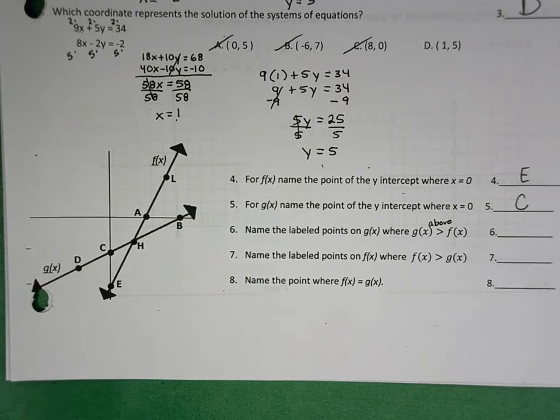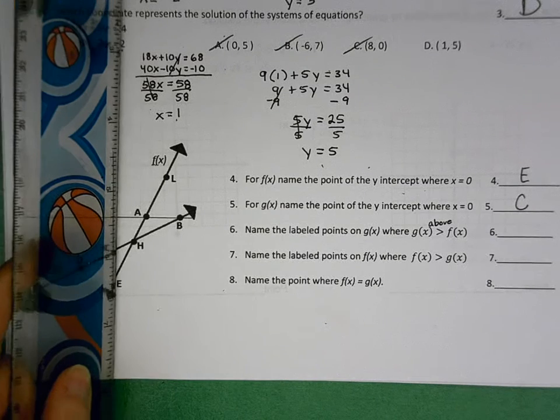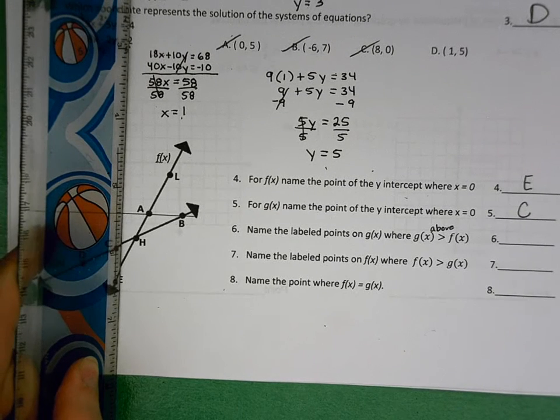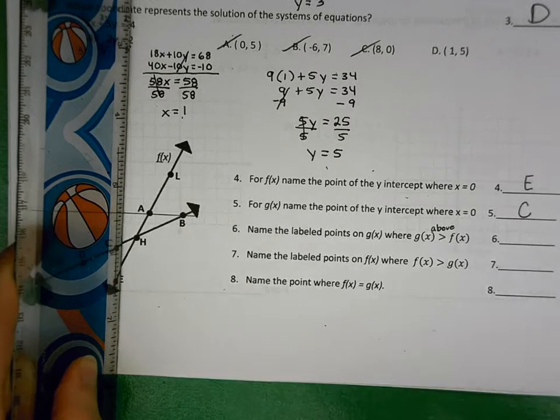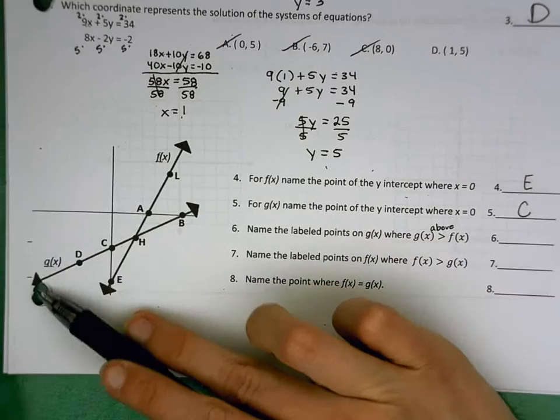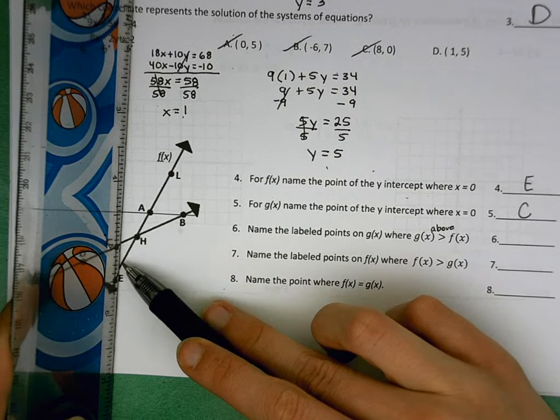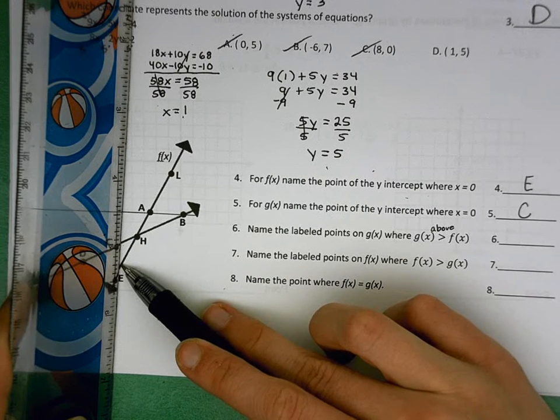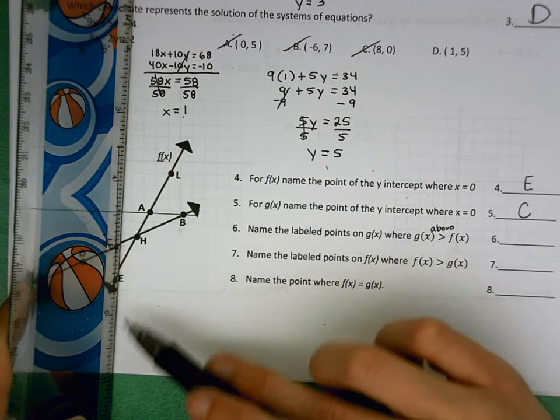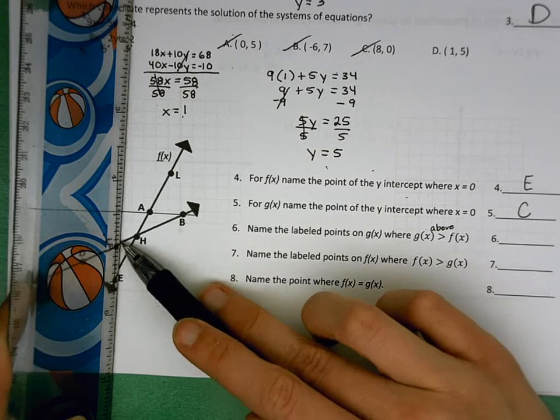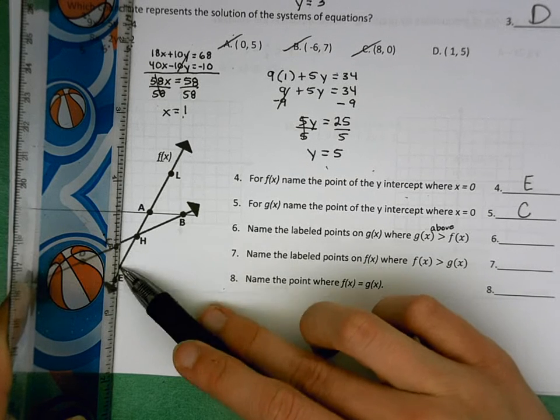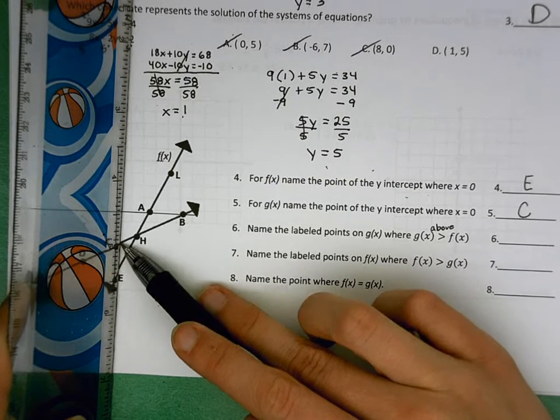Okay. If I put a line at some point on here, for example, here, I notice that at this location, this piece of my g of x line is above my f of x. And so on this side of my intersection point, on these 2 parts of g of x and f of x, g of x is above f of x.